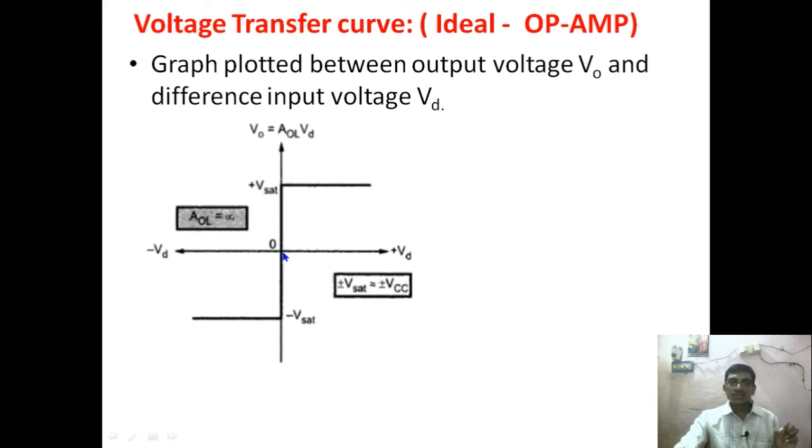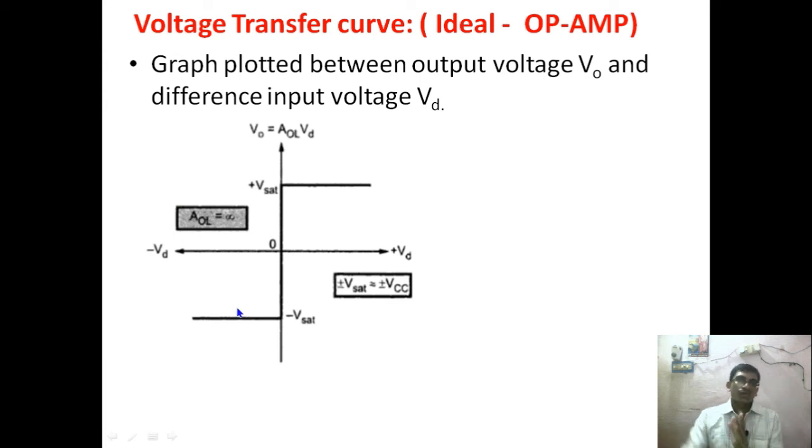Plus 0.1 or 0.001 volt is enough to drive the operational amplifier output to plus V saturation. When the input voltage Vd is less than 0, which means minus 0.1 or sometimes even minus 0.001, it is enough to drive it to minus V saturation voltage.